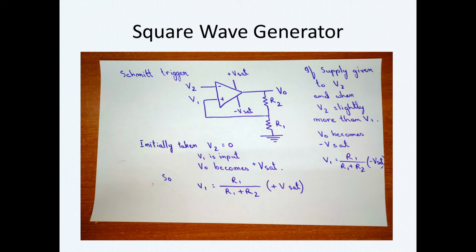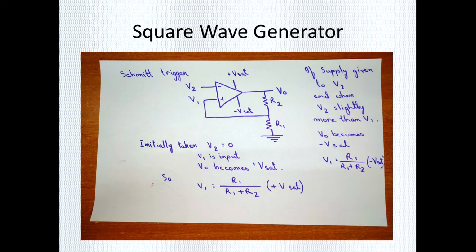Because of this positive feedback the output voltage will continuously grow until it reaches its positive saturation voltage. Hence V0 will become the positive saturation voltage. So we can write V1 as R1 by R1 plus R2 multiplied by the positive saturation voltage.